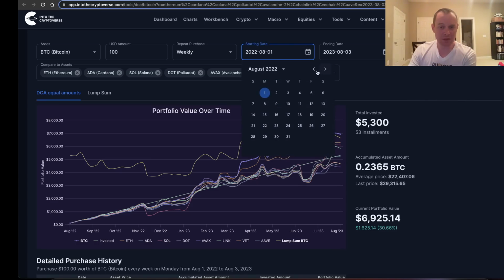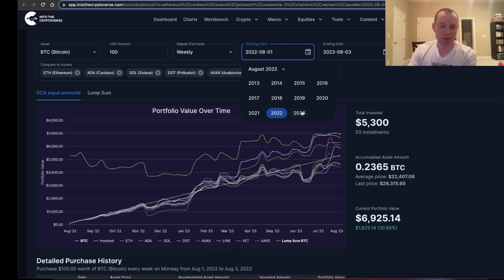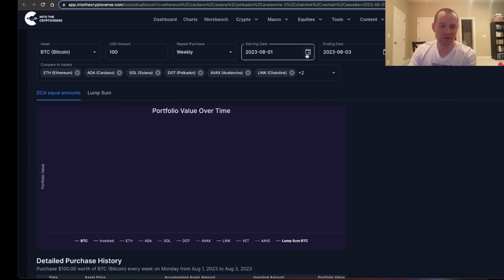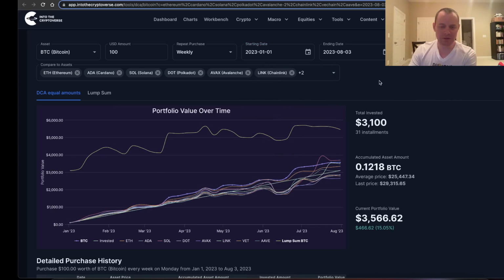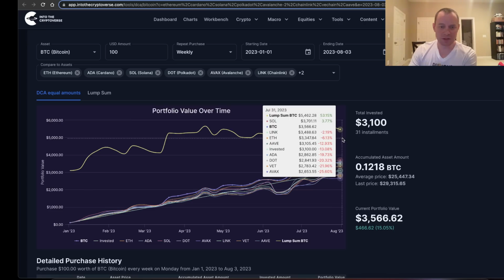Let's carry on. Let's go to starting January 1st of 2023. Why don't we look at that and see what's what and who's who? Okay? January 1st, 2023. Now, what's going on in this situation? In this situation, the one that's in the lead is lump sum Bitcoin. The one that's second in this case is Solana.